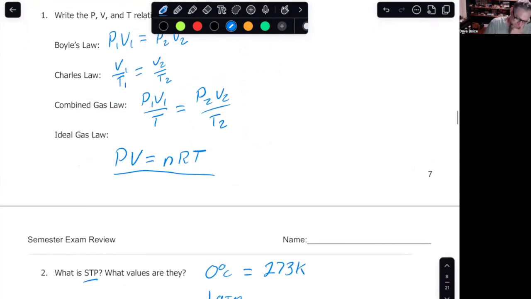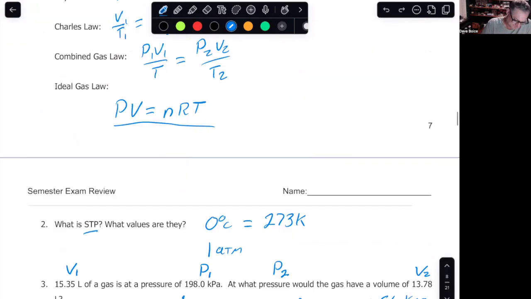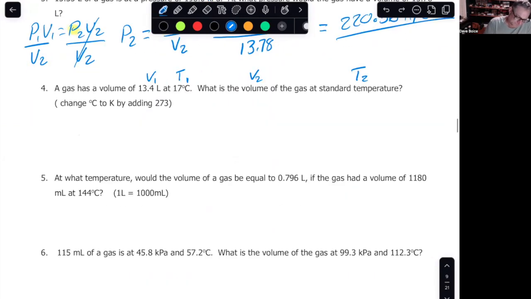So this is going to be volume and temperature. I really just need to use volume over temperature. I can just pick and choose what I want from the combined gas law. So that is going to be V1 over T1 equals V2 over T2.